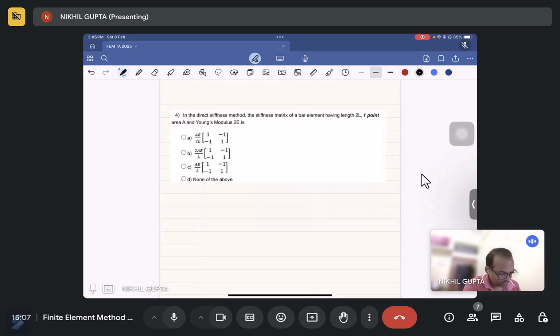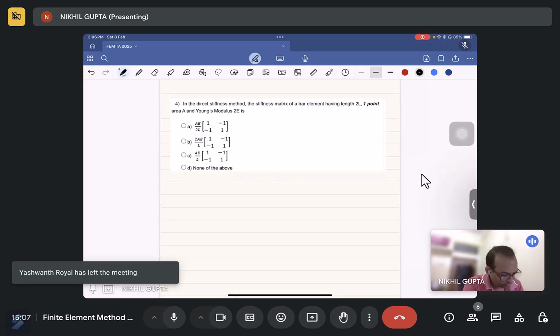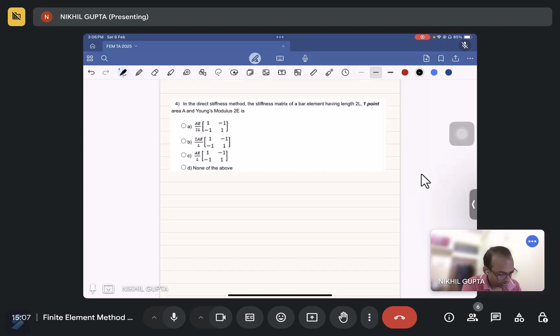So yeah, in this question, many have told you that the solution is not correct. Yes, let us solve and decide what it is. So it is a direct stiffness matrix. The stiffness matrix for one element is given with length L and area A and the other is 2A. So we all know that the matrix for one is AE by L times [1 -1; -1 1].